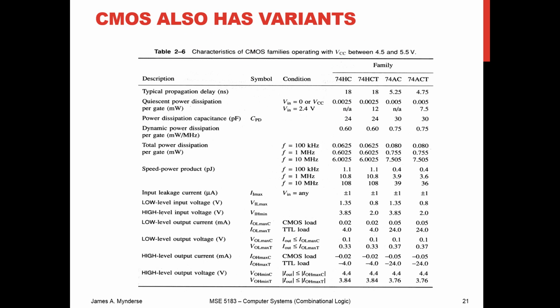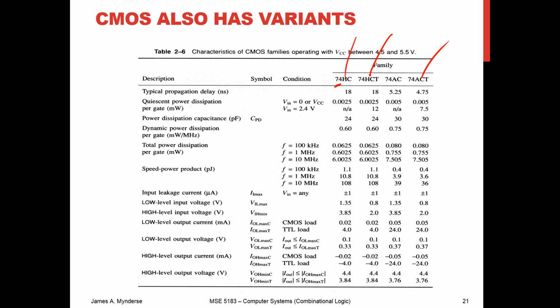So let's look at your CMOS variants. Notice again, these are 7400 series, but these are 7400 series variants that use CMOS internals. So you've got your high-speed CMOS, your high-speed CMOS that's compatible with TTL, and your advanced.